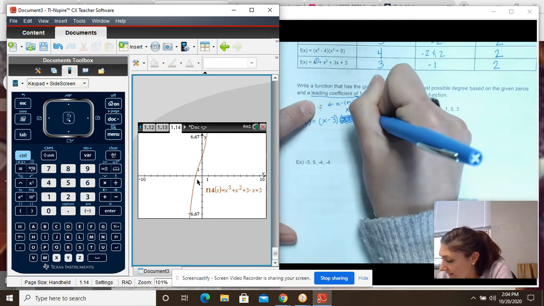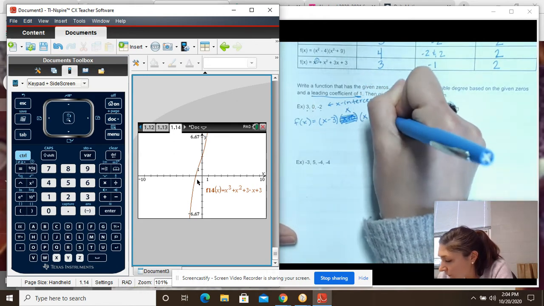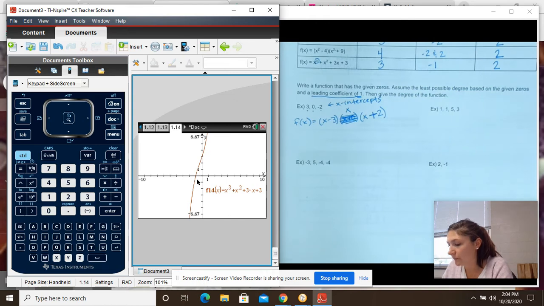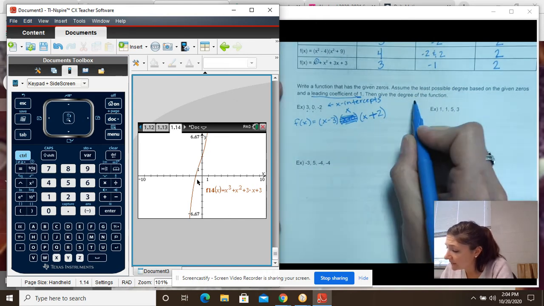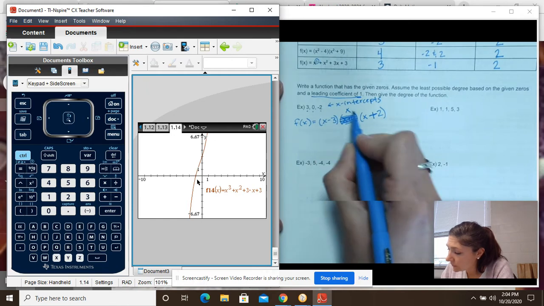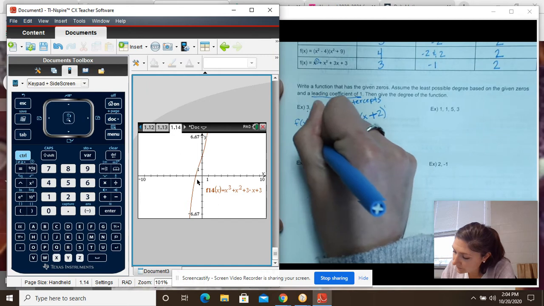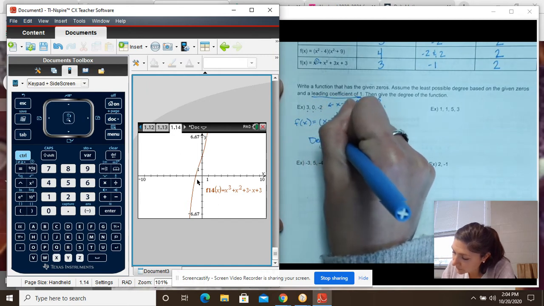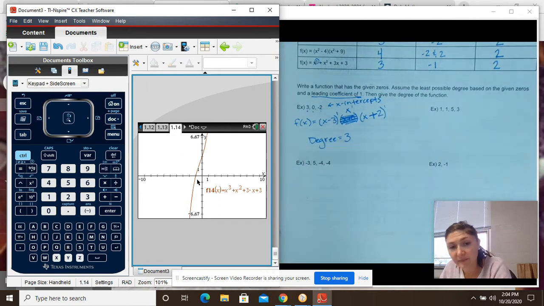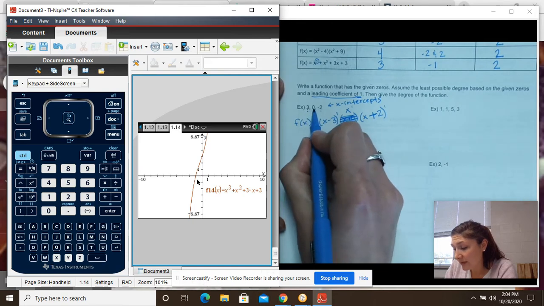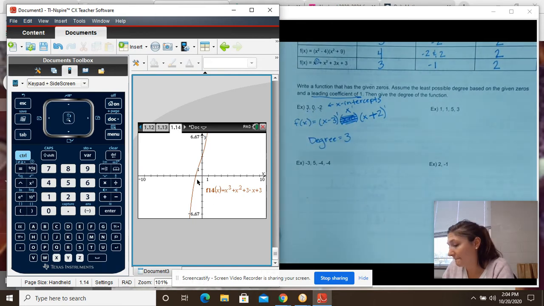And then x minus -2 would be x plus 2. So there's my function. And then give the degree: 1, 2, 3. Since these all have exponents of 1, my degree would be 3 here. I could also count up the number of zeros I see in my list.